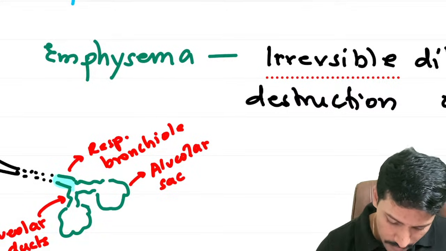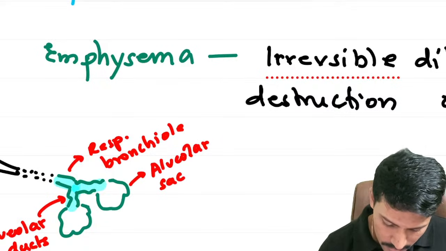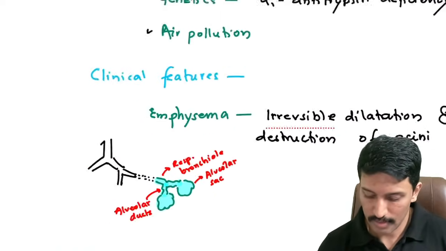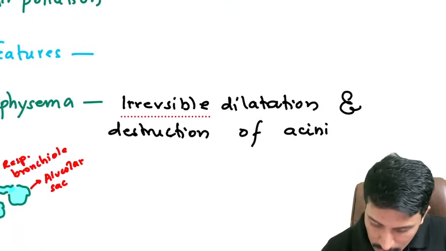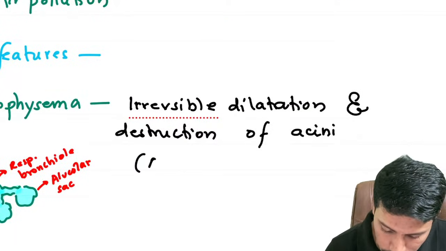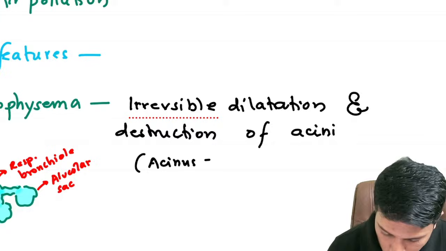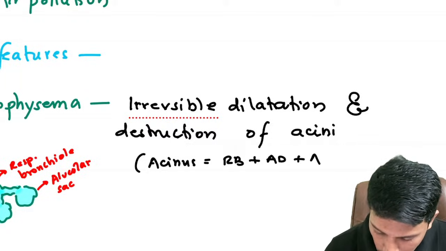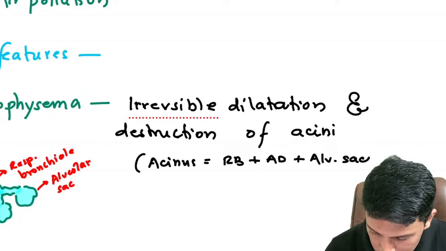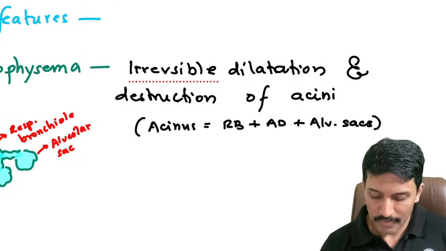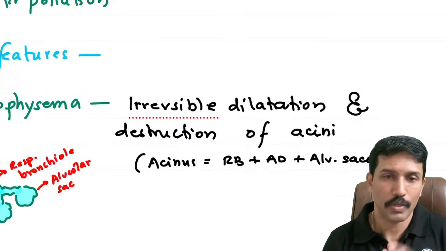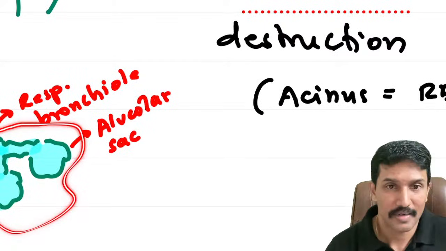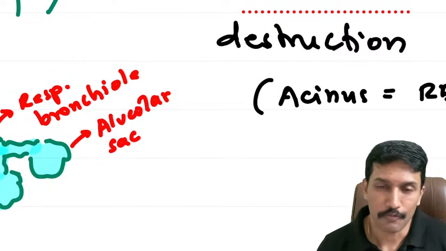You can mention it in the paper: acinus is equal to respiratory bronchiole plus alveolar ducts plus alveolar sacs. When they become irreversibly dilated, we call it emphysema.